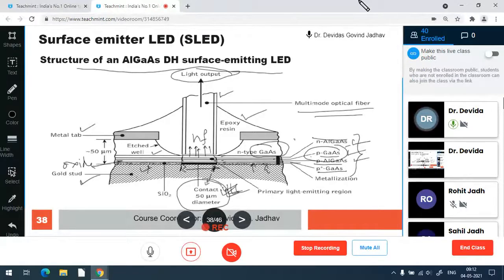And for that, the etched well is there up to the semiconductor material in N type GaAs, and a very thin N GaAs is placed here. This etched well, or N type GaAs, is approximately 50 micrometers in height. So the total structure, all five layers up to the N type GaAs, has a height of 50 micrometers.